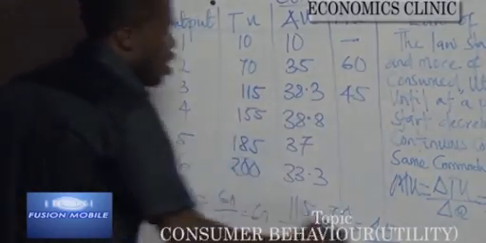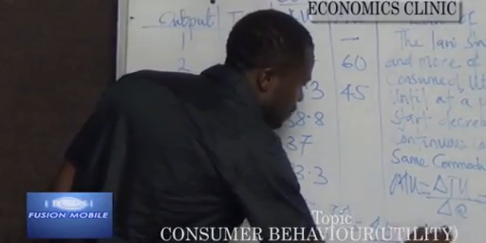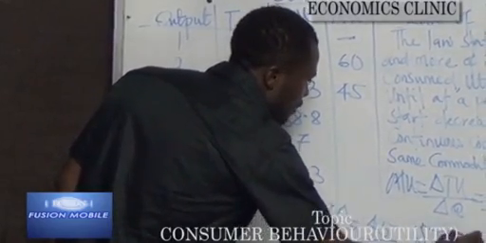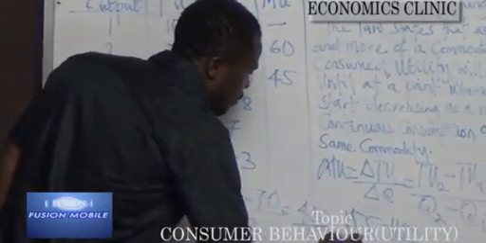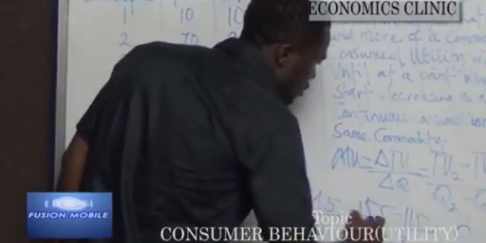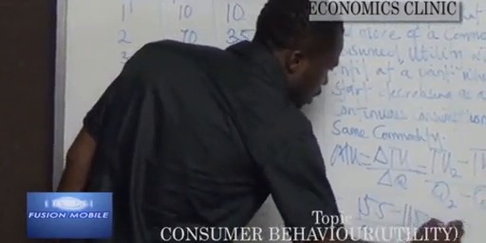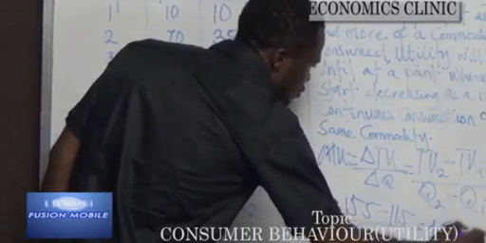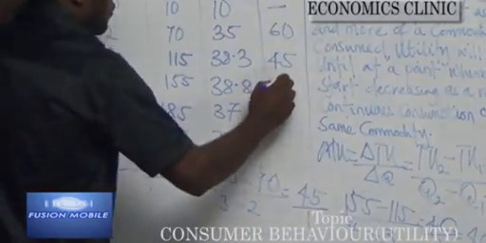The next one will be 155 minus 115 divided by 4 minus 3. We have 40 over 1. That will be 40.